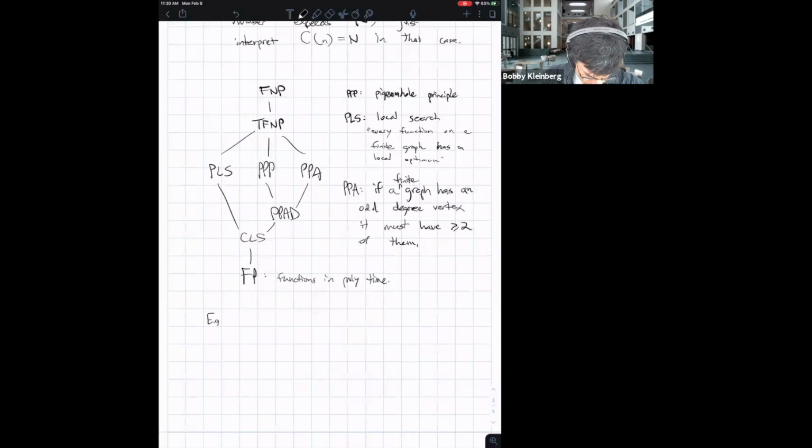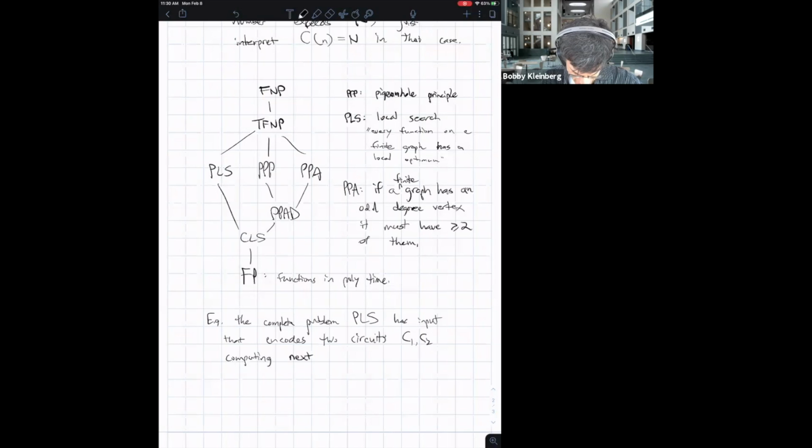So for example, the complete problem for the local search class, PLS, has an input that encodes two circuits, C1 and C2, computing functions called next and potential.